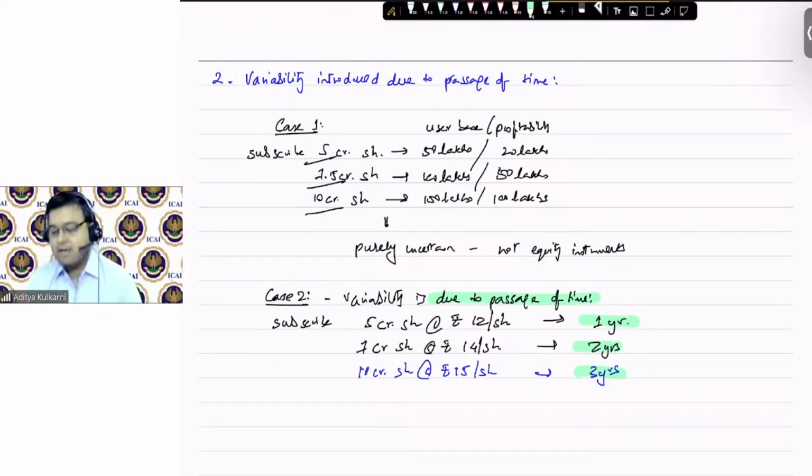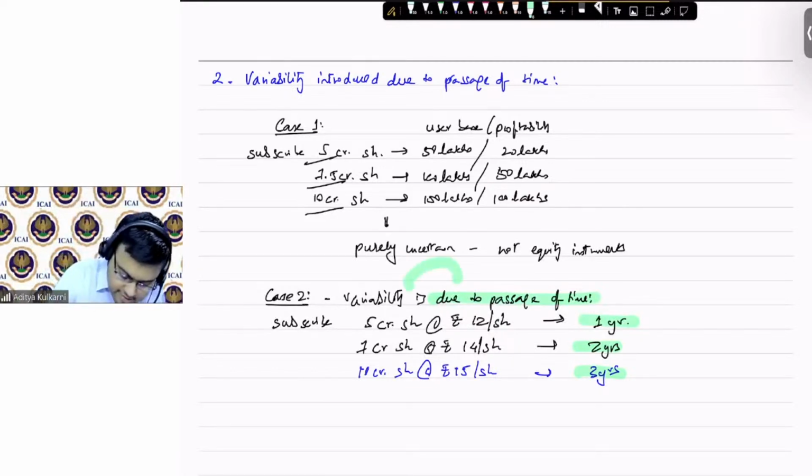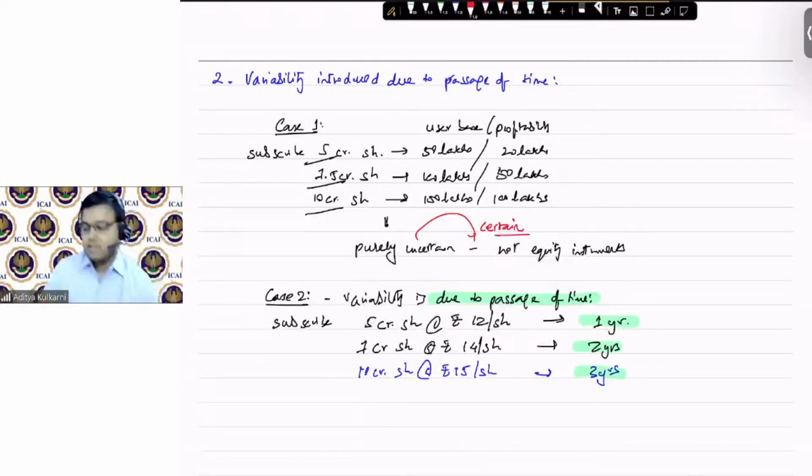It is certain. Definitely it is certain. Don't do anything, just tell the investor, don't do anything, just sit and warm your chair. 1 year will pass, 2 years will pass away, 3 years also will pass. And therefore, the variability in this contract is dependent on something which is certain.